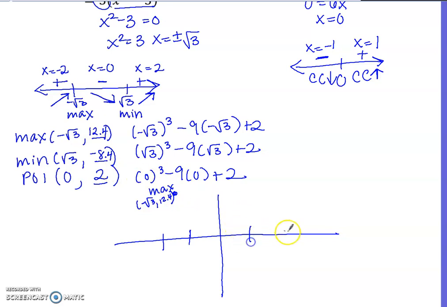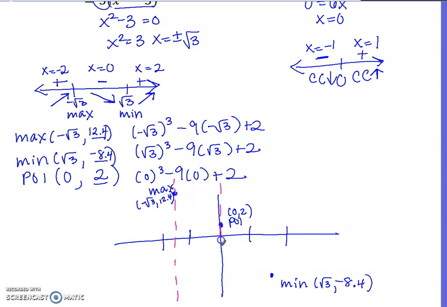And then I'm going to graph √3, -8.4, and that is a min. And then 0.2 is about right here, and that's a POI. Okie doke. So then I go put my dashed lines in after I graph those points.